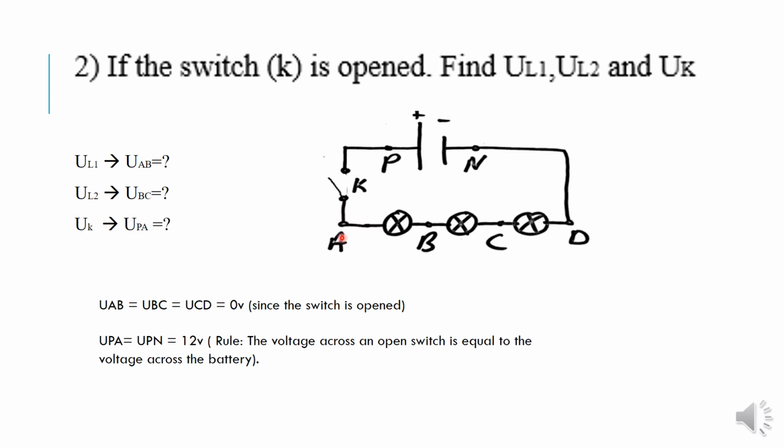So here UPA equals UPN equals 12 volts. Here I have a rule. You have to memorize it, guys. The voltage across an open switch is equal to the voltage across the battery. So when the switch is open, the voltage across it equals the voltage across the battery.